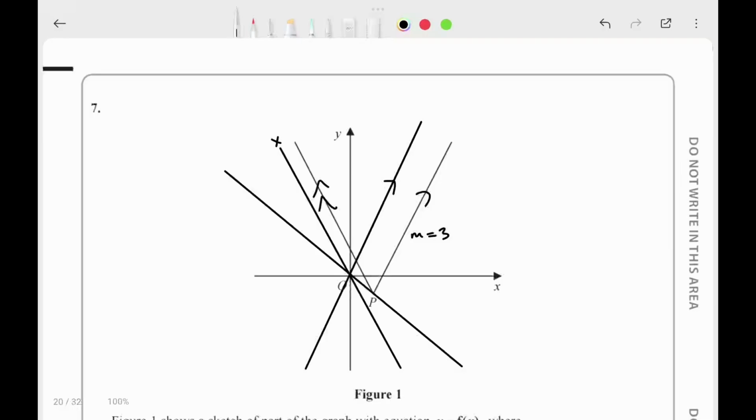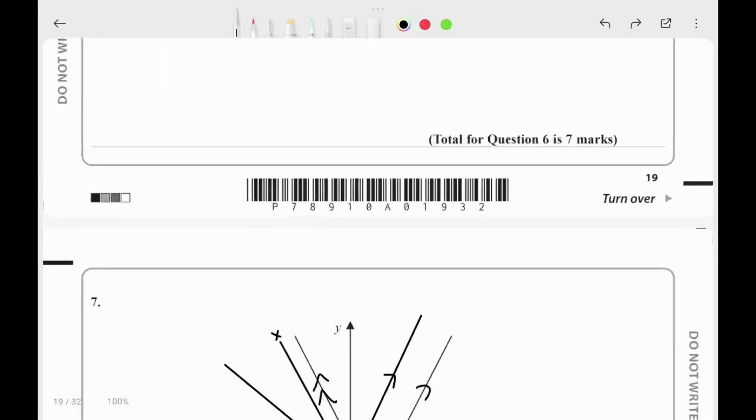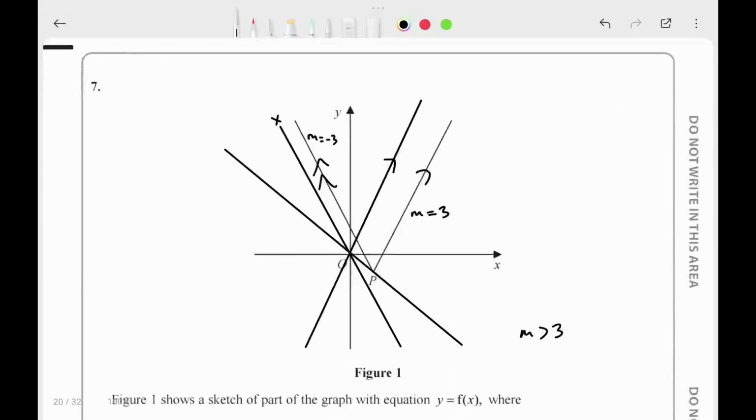So for y is equal to mx, gradient would have to be greater than 3. For this line, the gradient is negative 3. So gradient has to be greater than minus 3.